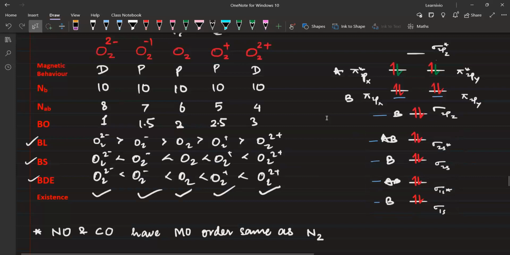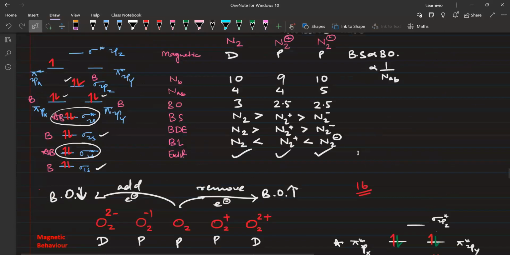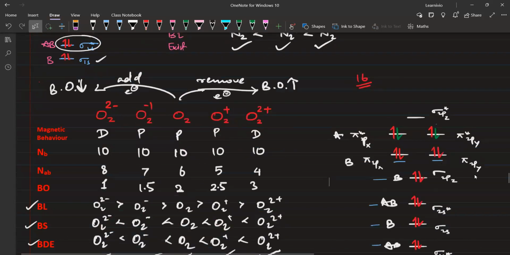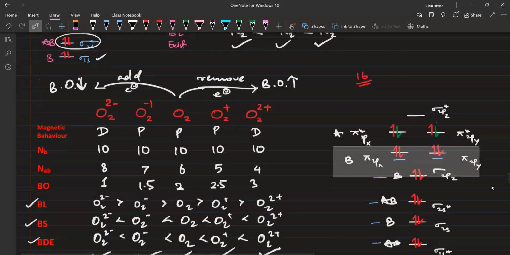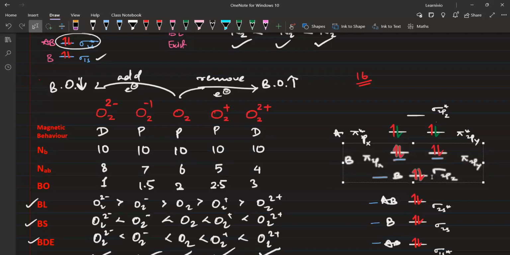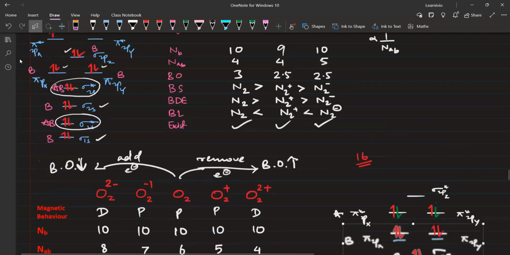Now the changes start when you have to fill the rest of them. But if you look at the next 6 electrons, after 8, you have next 6 electrons. Now these 6 electrons, if you look at them completely, they are filled in the bonding orbitals in case 2 as well as in case 1.